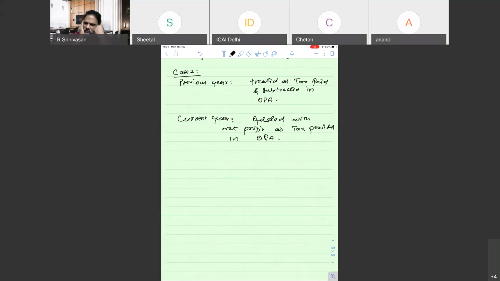Is it because the current year's tax that we provide on 31st March, we'll be paying in the next financial year? It's not yet paid. We are just providing for it.